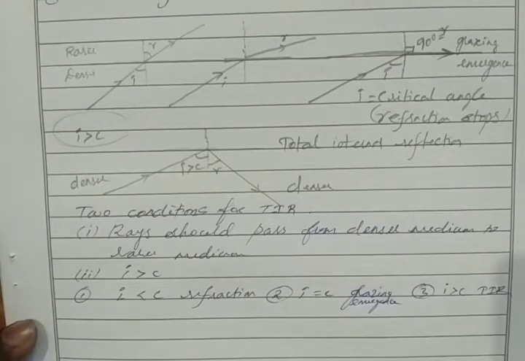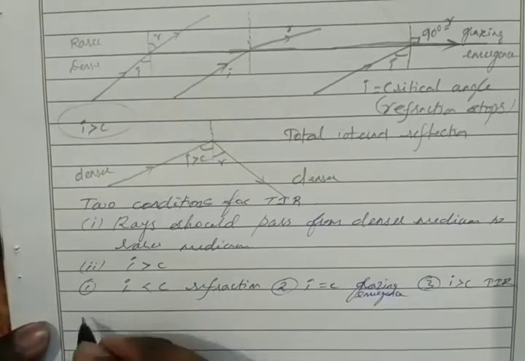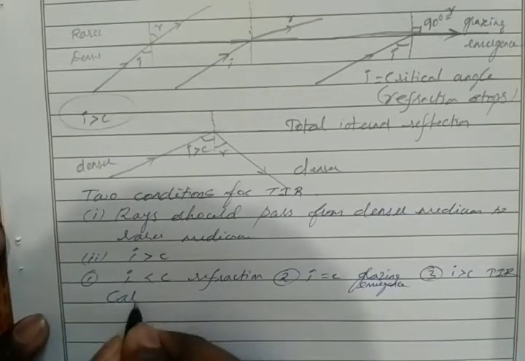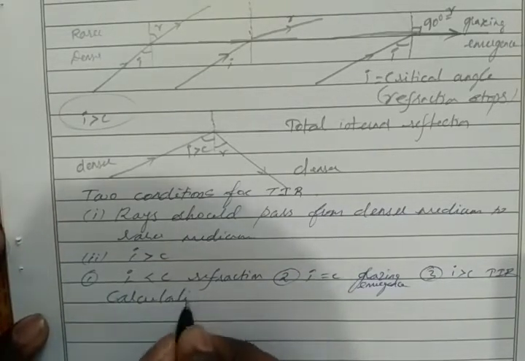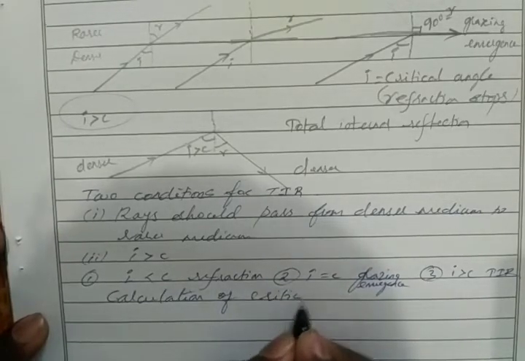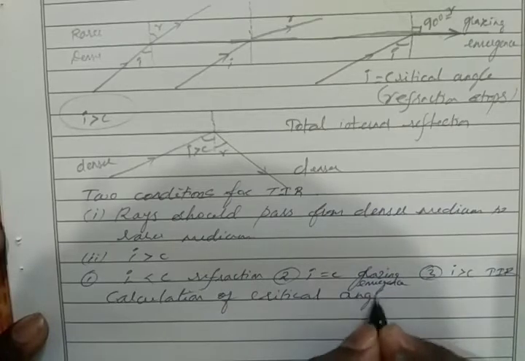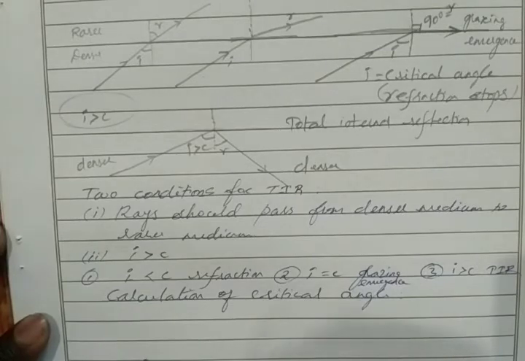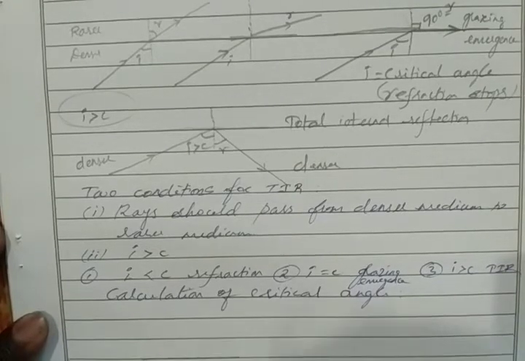Okay, so we will see some numerical problems. First we will calculate the critical angle, and then we will see numerical problems. Calculation of critical angle. So we have an interface.